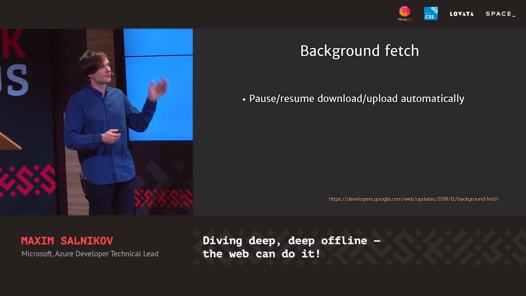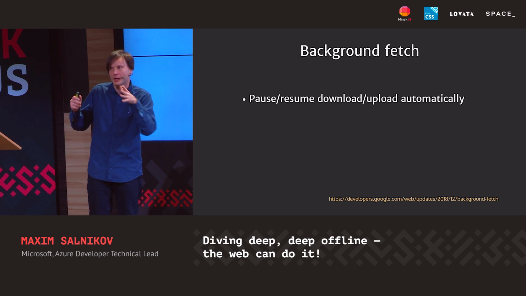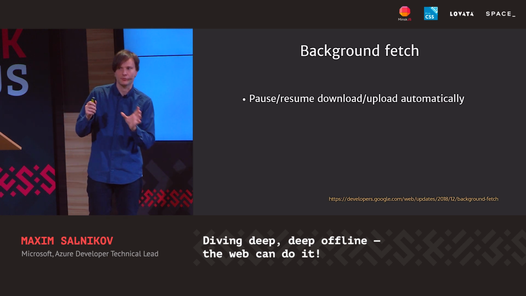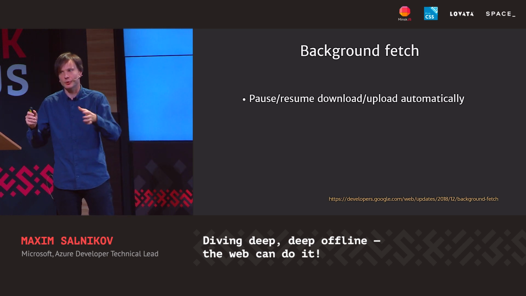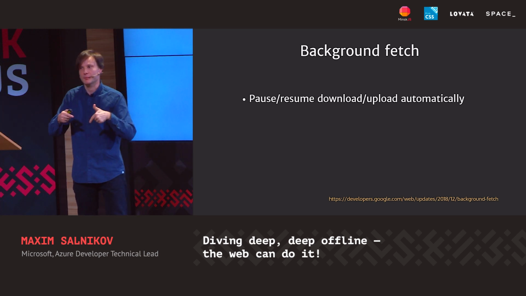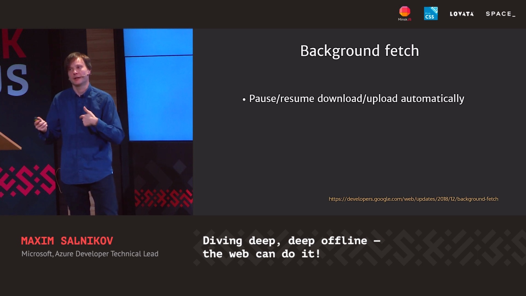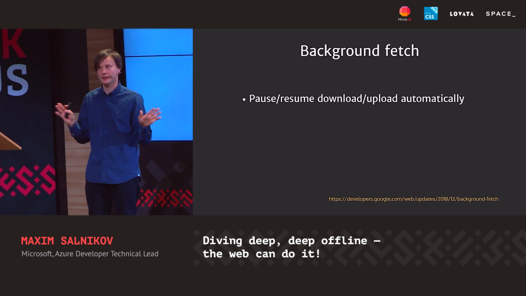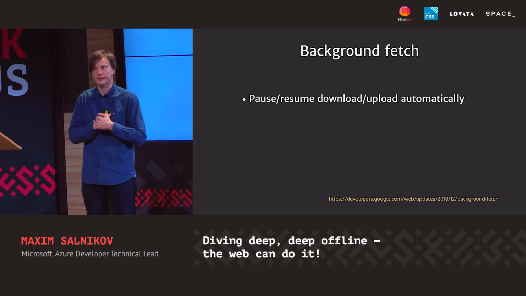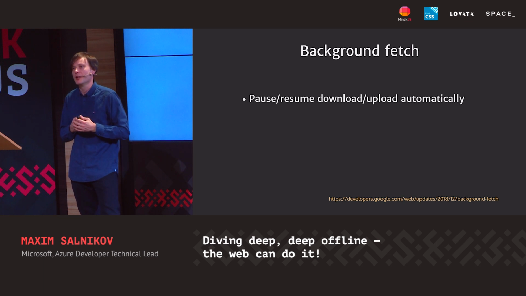I don't know, a use case could be, for example, a web application you build for podcasters and for listeners of podcasts. You download some episode, okay, and the internet was disconnected, and by default, if you do it, for example, via regular caching, you have to start everything from scratch.